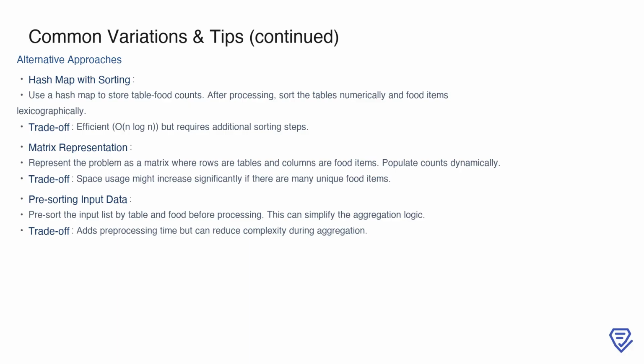While this can simplify the logic, it may increase space usage significantly if the number of unique food items is large. Pre-sorting the input data by table and food is another strategy. This pre-processing step can make the aggregation logic simpler, although it does add some upfront computational cost. Weighing these trade-offs can help you select the approach that best fits the problem constraints and requirements.